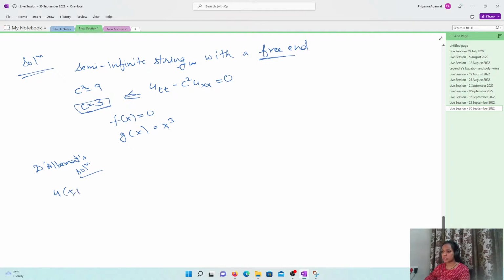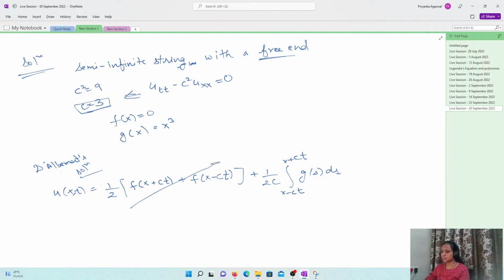So u(x, t) can be written as half of f(x plus ct) plus f(x minus ct) plus 1 by 2c integral x minus ct to x plus ct g(s) ds.